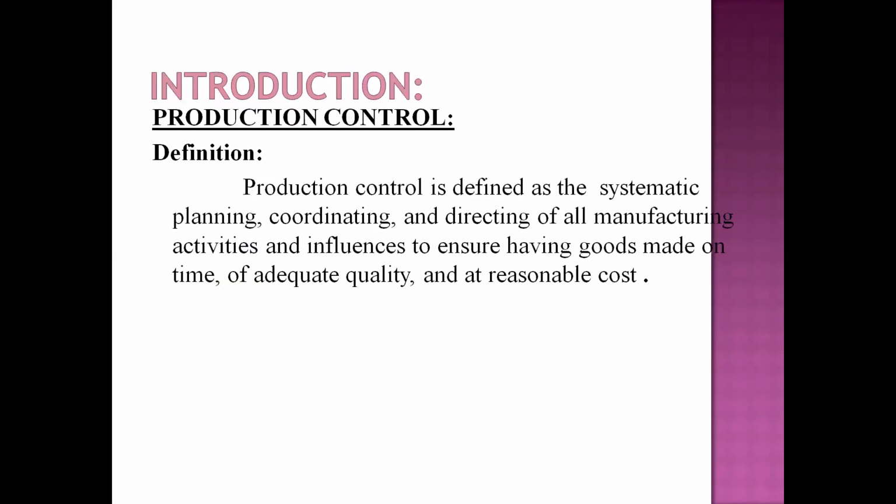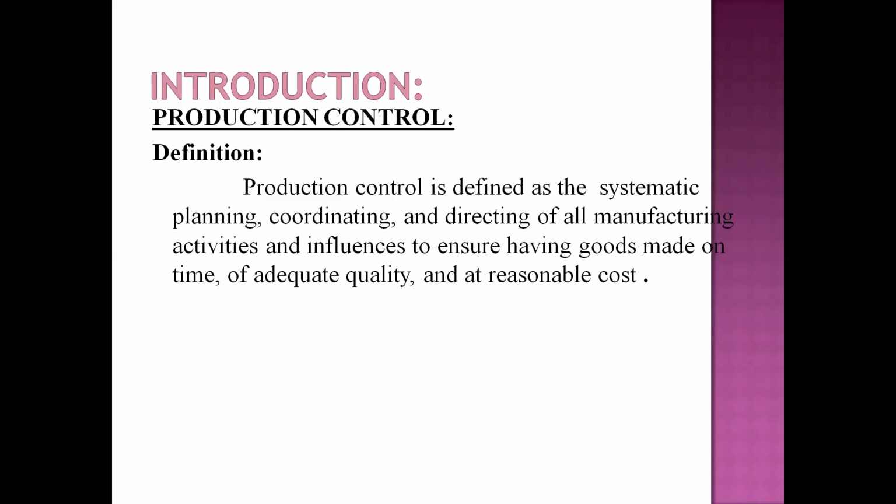Then what is production control? Production control is defined as systematic planning, coordinating, and directing of all manufacturing activities and influences to ensure having goods made on time with adequate quality and at reasonable cost.